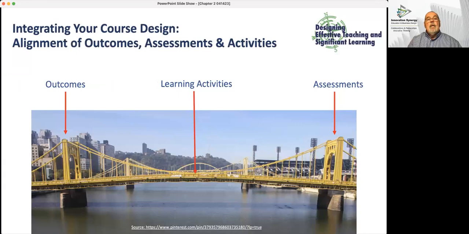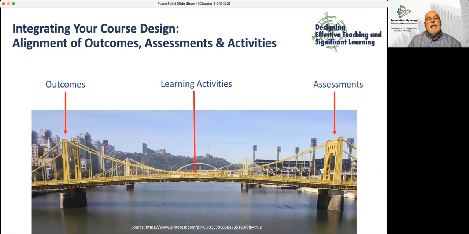So we want to integrate your course design. We want to have this alignment of outcomes, assessments, and activities. One of the things that I was doing much of the time, when Dee was coming up with this, as I was presenting for the Center for Teaching and Learning at the Minnesota State Colleges and University system level, was giving people an idea that I want you to think of course design as a suspension bridge.